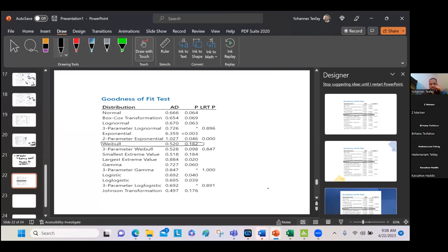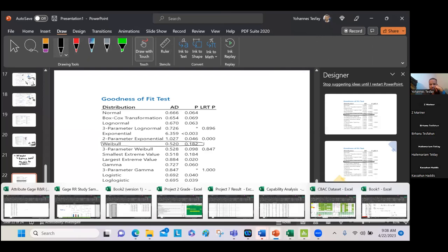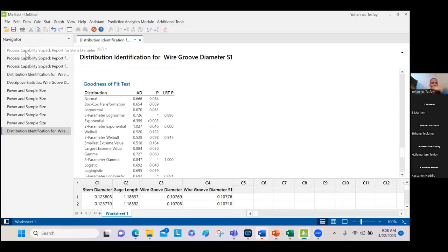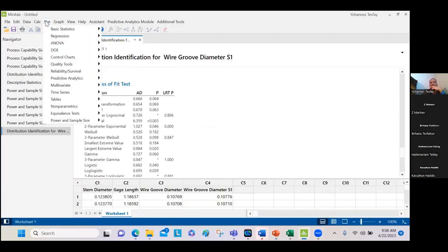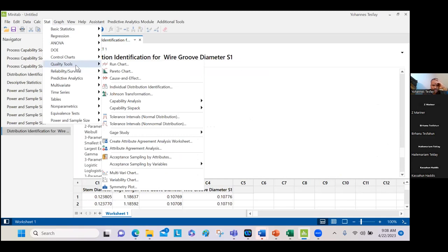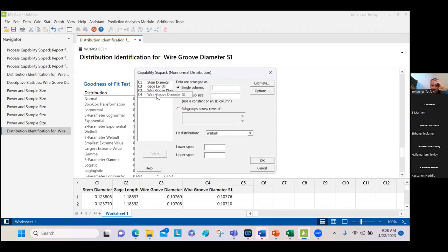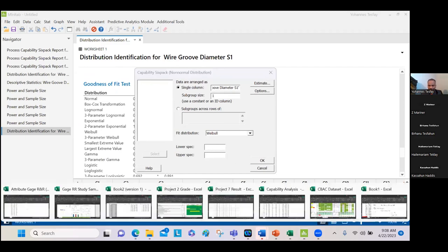Weibull. So what I'm gonna do is go here and start, then quality tools. Now, I'm gonna go to six-pack, non-normal, okay? Non-normal. So this is my sample one, and here, lower specs.